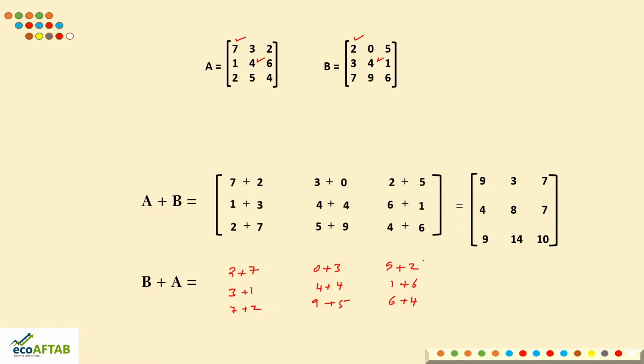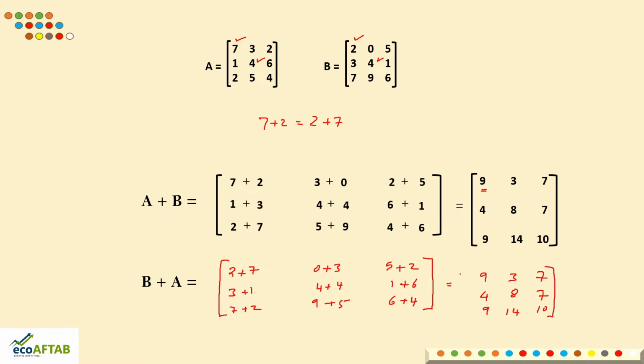What we have done here, friends, is just change the position. First we had taken A, now first we are taking B. 7 plus 2 is the same as 2 plus 7, so we got 9. Here also we get 9, 3, 7, 4, 8, 7, 9, 14 and 10.